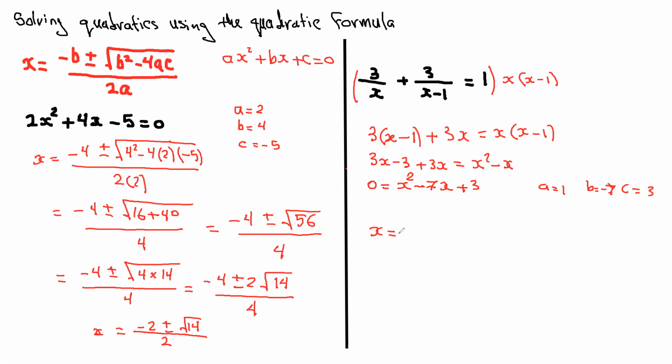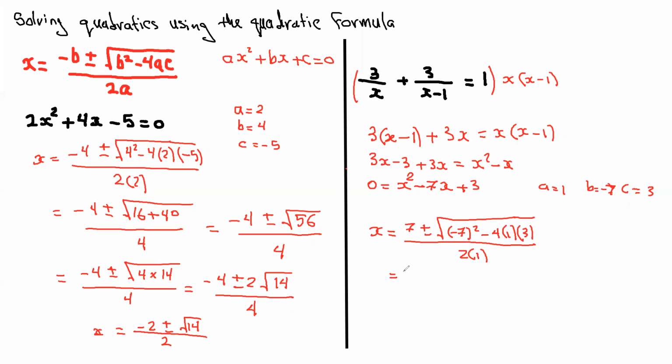Now we just plug in. x equals negative b, which was that negative 7, makes it positive 7, plus or minus the square root of negative 7 squared minus 4 times 1 times 3, that's a and c, all over 2a, which is 2 times 1.